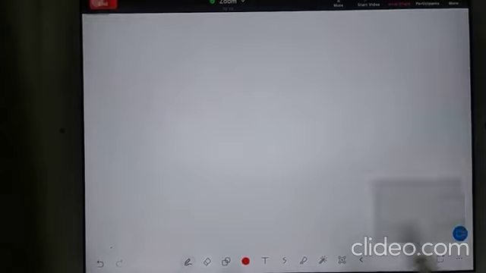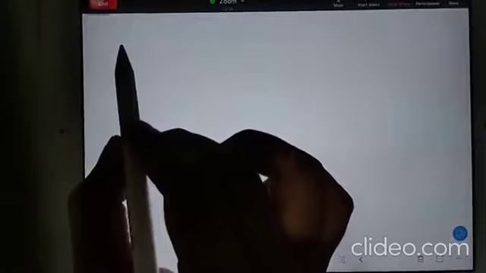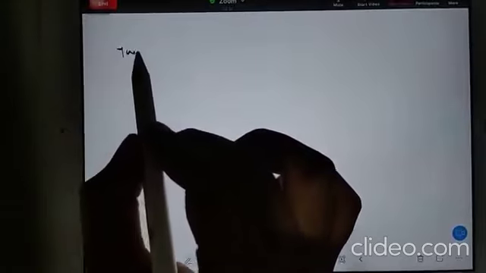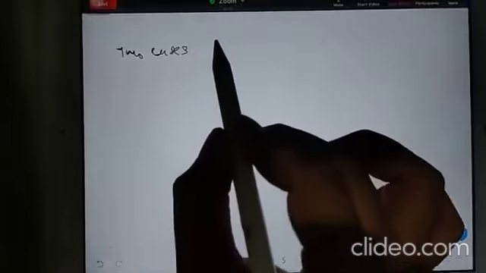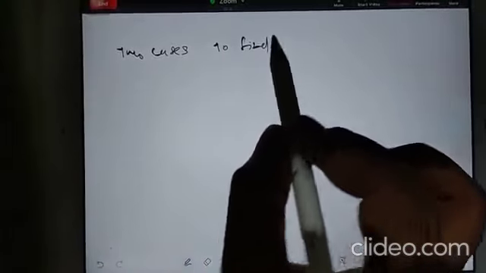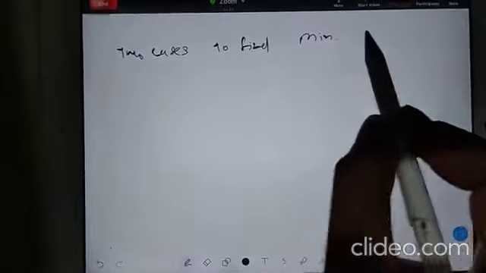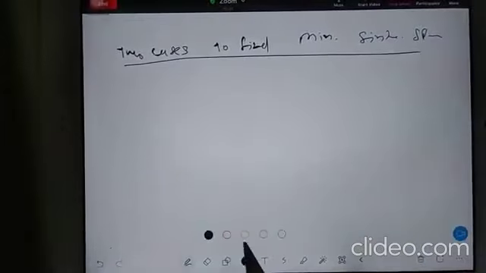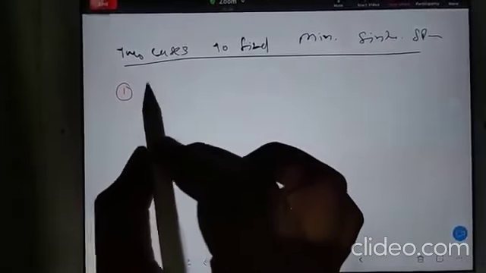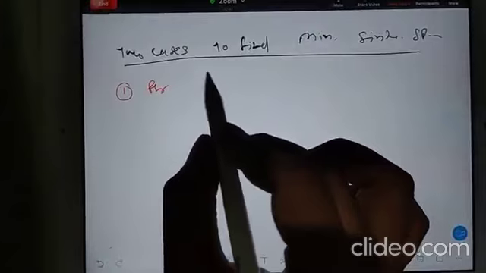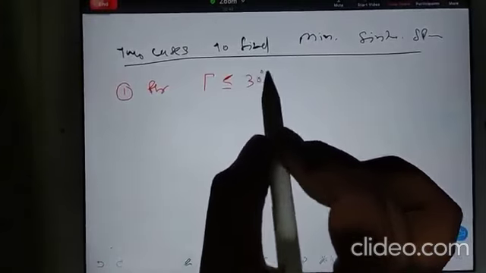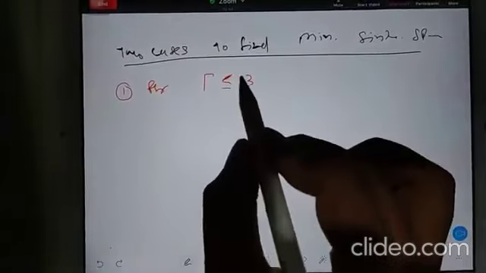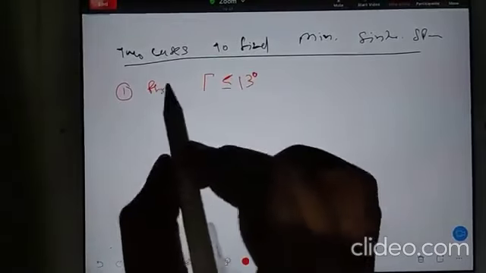Okay. So see guys, your heading is two cases to find minimum sinking speed. In that, your first case is for gamma less than or equal to 13 degrees.